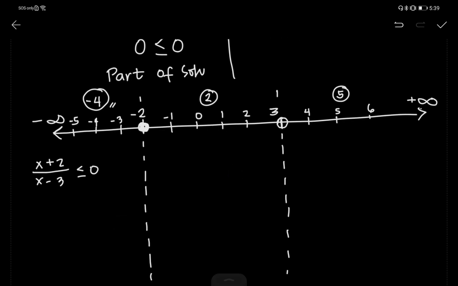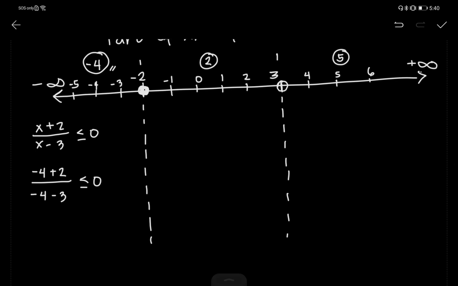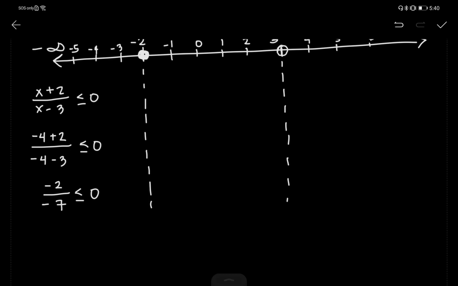So we have here negative 4 plus 2 all over negative 4 minus 3 is less than or equal to 0. So in this case, we know this is negative 2 all over negative 7 is less than or equal to 0. So dito, negative divided by negative is positive.